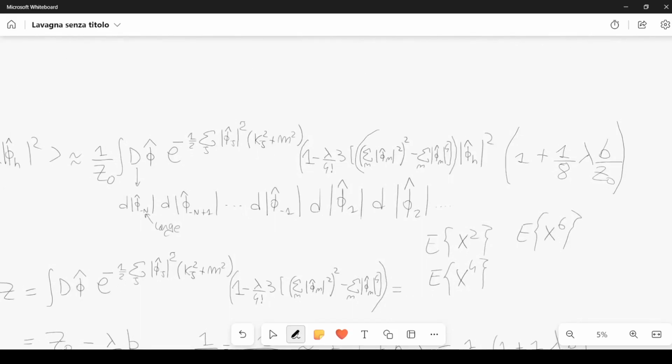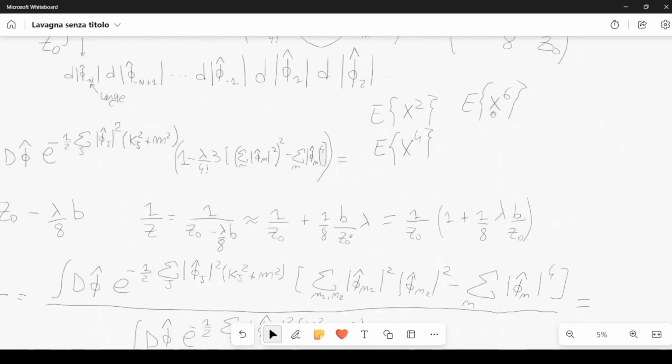If you rewrite this term as a summation over n1 and n2 of mod phi hat sub n1 squared times mod phi hat sub n2 squared, when you multiply this by mod phi hat sub h squared, of course, the result of the integration depends on whether n1 is equal to n2 or n2 is equal to h, and so on and so forth. In the first term that I'm calculating, I'm assuming that n1 is not equal to n2, and both of them are not equal to h.